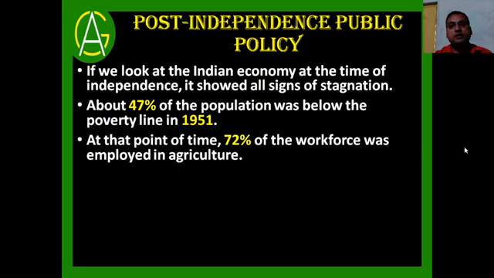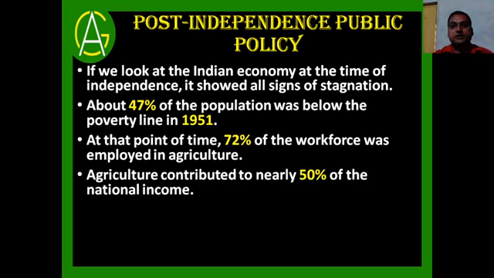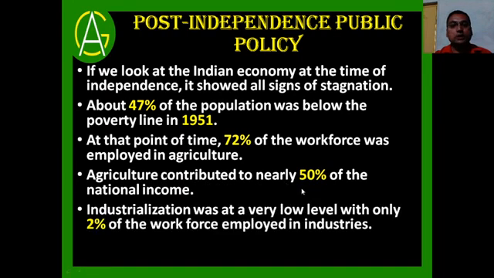It means the industrial sector was not working properly or was not developing, and as a result the people were forced to join agriculture only. Agriculture contributed nearly 50% of the national income. That means the agriculture sector was a large contributor to the national income of India.